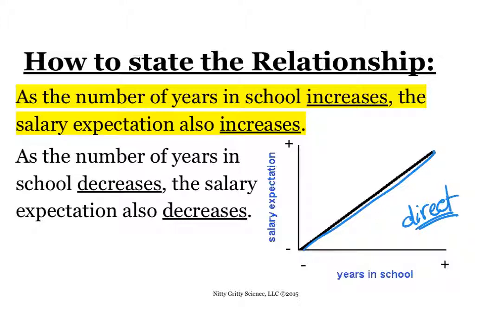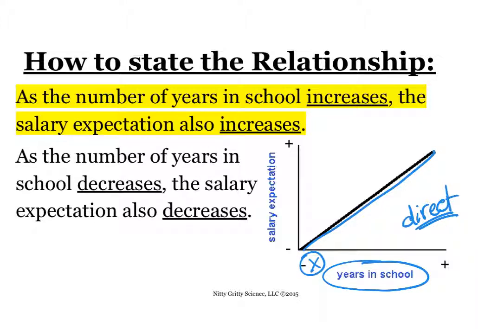So you would state the relationship by saying, as the number of years in school increases, the salary expectation also increases. So you should be writing that in your notes. And the way I think of this is I always look at x first. So look what's on the x-axis.